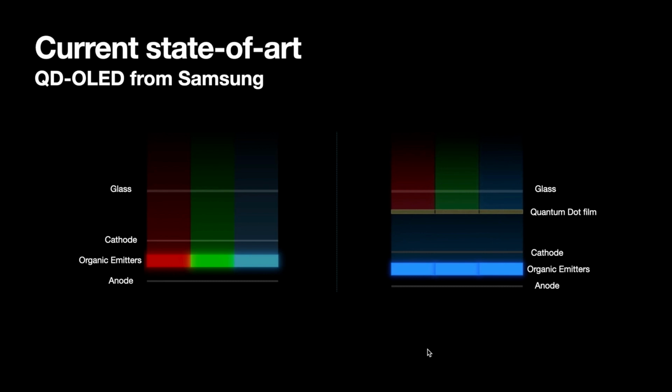Basically, they use organic emitters to shine the blue light onto the quantum dot film, and the quantum dot film can convert blue color to red and green. So this quantum dot film actually improves the image quality of OLED. They improve the color purity and have a wide range of color. It also solves the intense brightness problem of OLED.